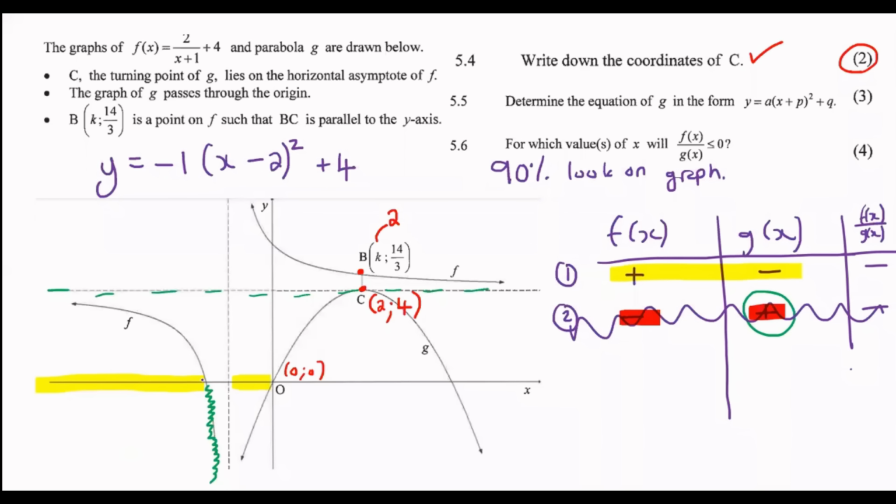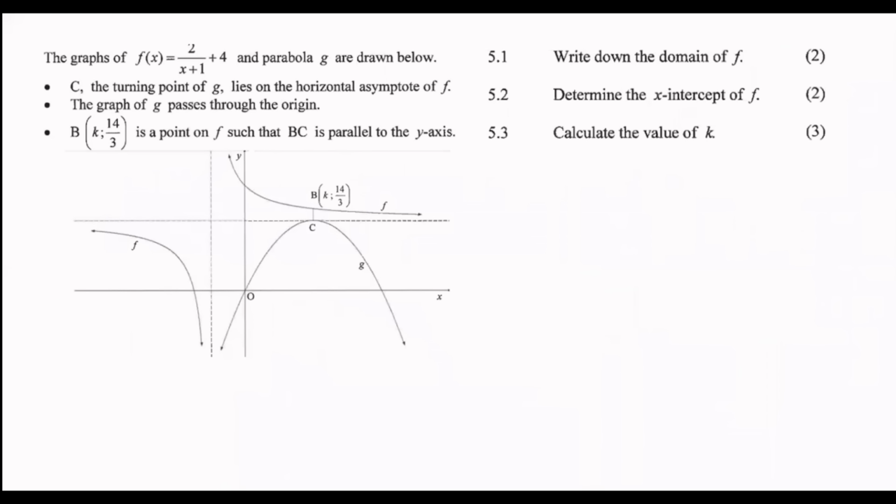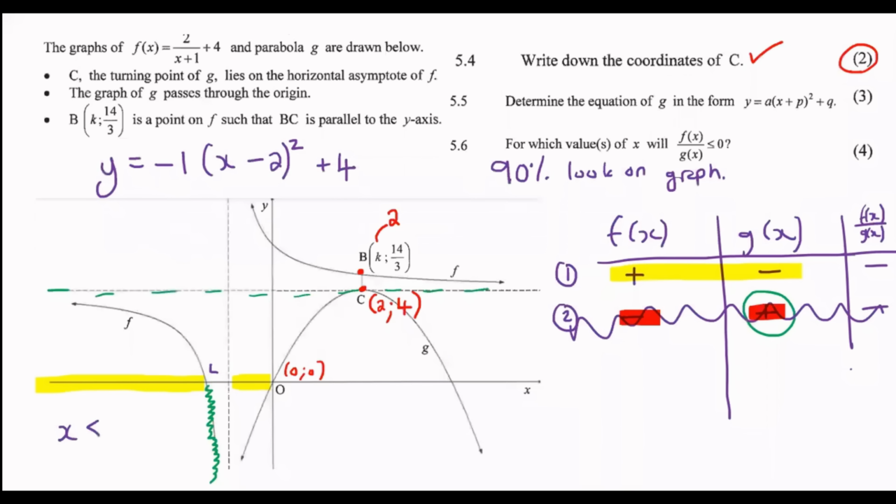So we said that the answer is this interval over here. So that would be where x is smaller than whatever this x-intercept is. Now, did we work out that x-intercept? I can't remember. Yes, we did. We said negative 1.5. So x is smaller than or equal to negative 1.5, or where's our other answer?